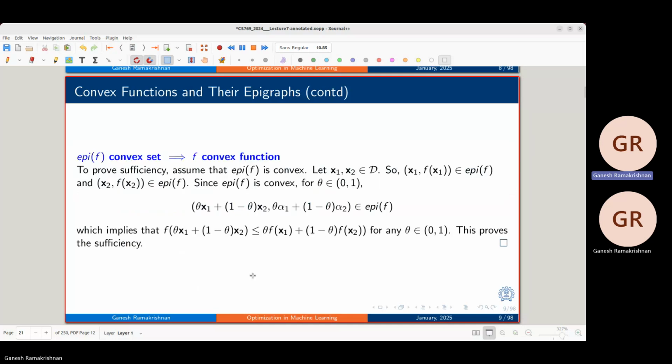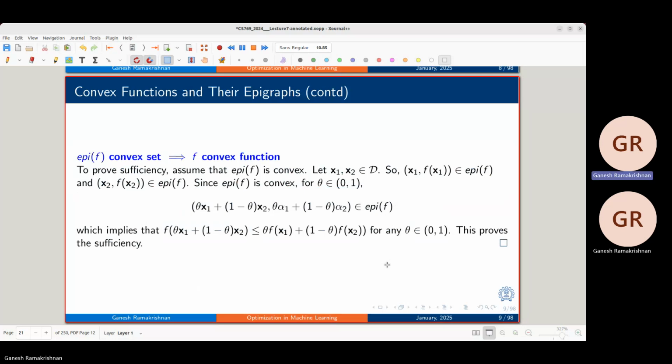I'll show it in the next slide, but the idea is, as I said, hidden there. Since epigraph f is convex, the point theta x1 plus 1 minus theta x2, comma, theta alpha 1 plus 1 minus theta alpha 2 will be lying in the epigraph of f. Which implies that f of theta x1 plus 1 minus theta x2 should be less than or equal to theta f of x1 plus 1 minus theta f of x2 for any scalar theta in 0 and 1.